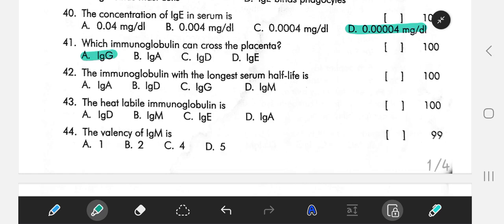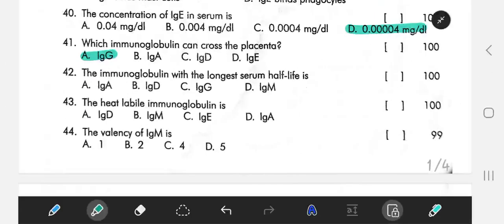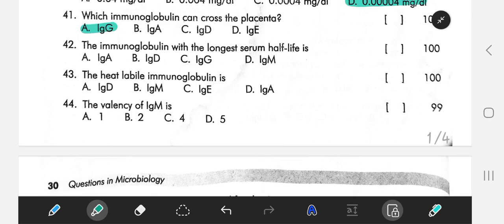Question 42. The immunoglobulin with the longest serum half-life is option A. IgA, B. IgD, C. IgG, D. IgM.